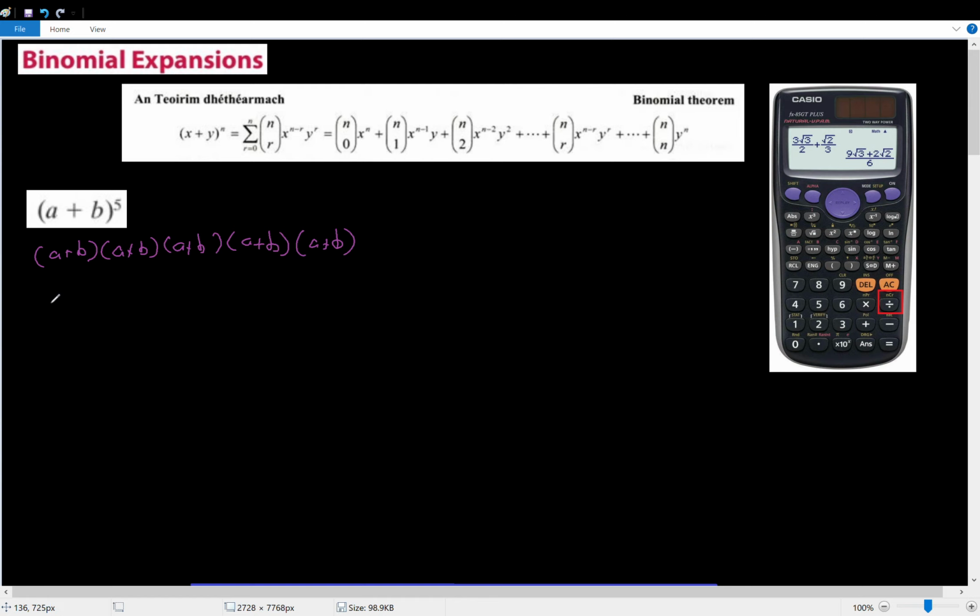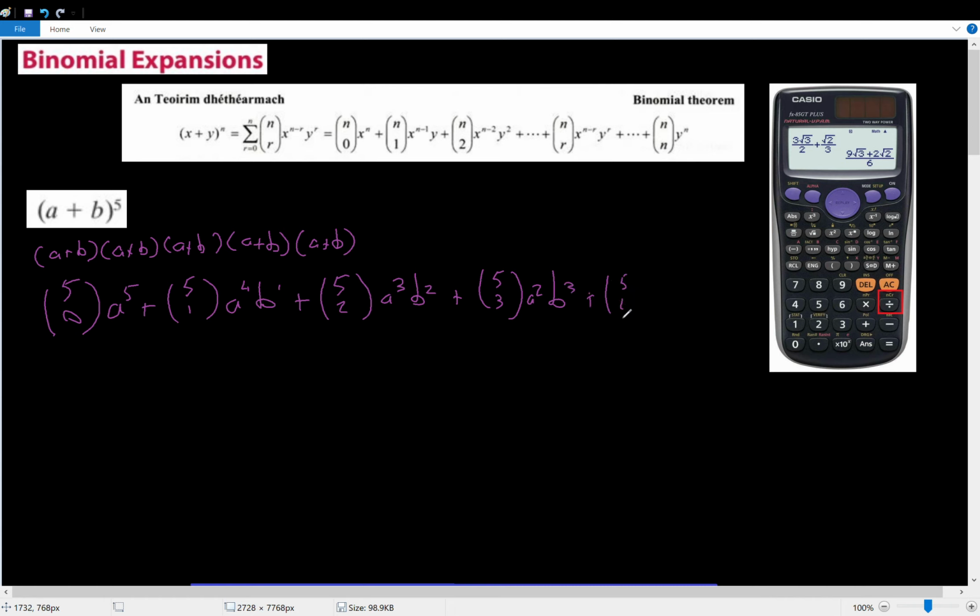We're going to start off with 5 choose 0 multiplied by a to the 5, and then we're going to add to that 5 choose 1 times a to the 5 minus 1, so n minus 1, so it's going to be a to the 4 multiplied by b to the 1, plus 5 choose 2, and that's going to be a to the 3 times b to the 2, plus 5 choose 3 times a to the 2 b to the 3, plus 5 choose 4 times a to the 1 b to the 4, and then at the very end we're going to have 5 choose 5 times b to the 5. So that's how that's going to work.